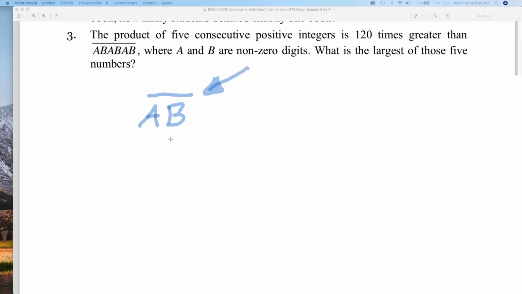But every time that we want to use algebra in this kind of problems, we need to translate this to 10 times A because it's the tens digit, plus B because this is the unit digit. ¿Sí?